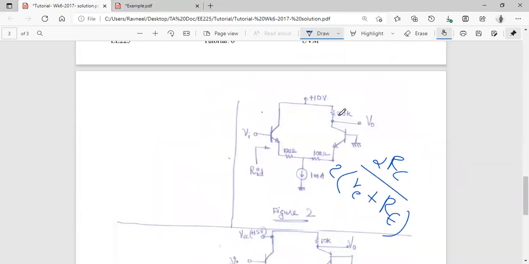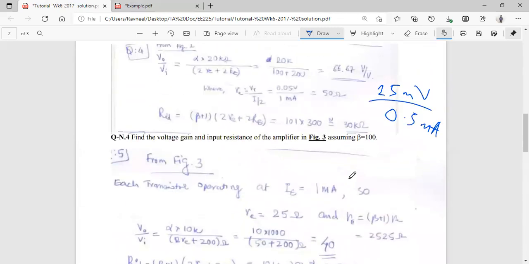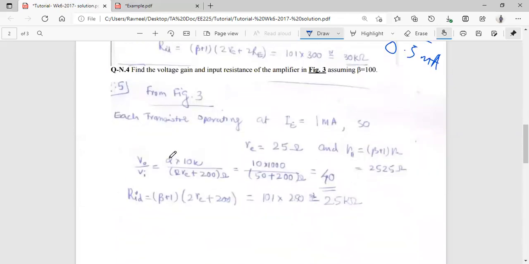We know our RC value from the diagram. We know our RE value, the emitter resistance. So we can substitute it into this particular formula to find our voltage gain. That is alpha times RC.